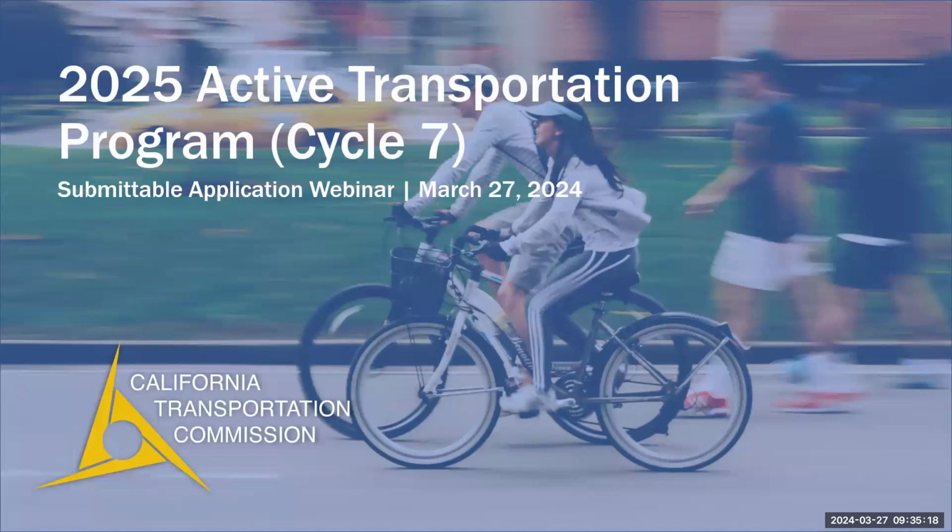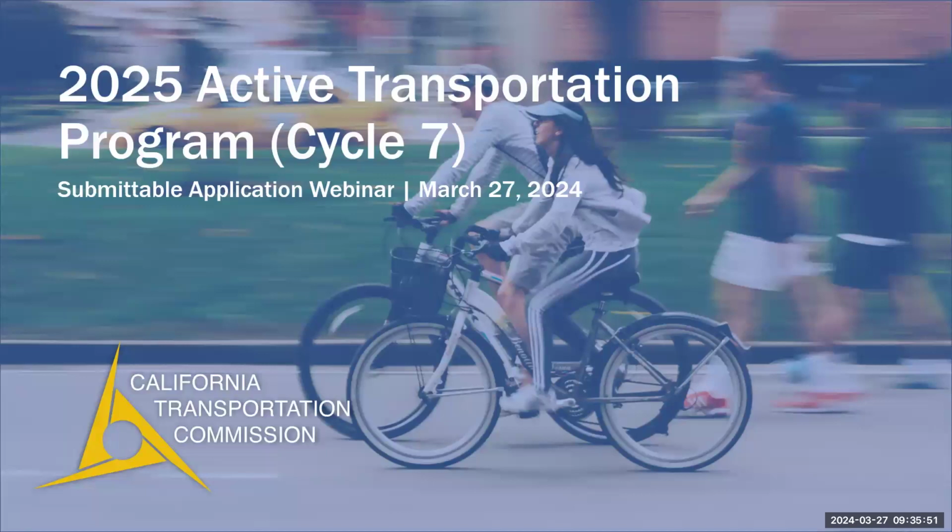We're really here to learn. As folks know, the purpose of our webinar this morning is to really learn about the new grant application process for the Active Transportation Program. In an effort to streamline the application experience, ATP has transitioned from the traditional PDF format to Submittable, which is an online platform used to facilitate the submission and management of applications.